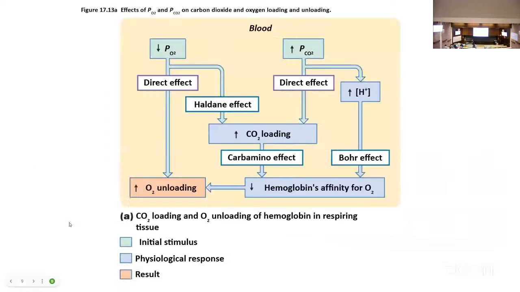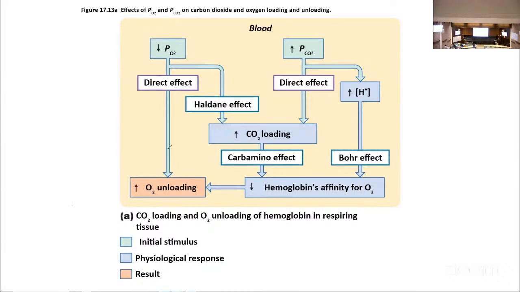Okay. So here's a map of all of the ways that we have oxygen and carbon dioxide partial pressures interacting with each other because of these effects primarily affecting hemoglobin. Okay. So looking here, you can group these into three things happening.